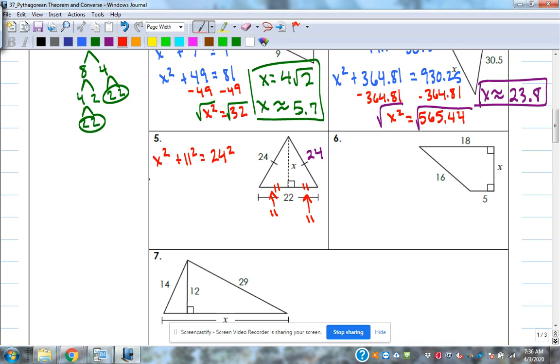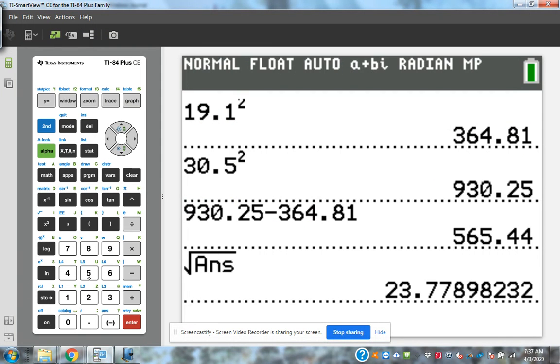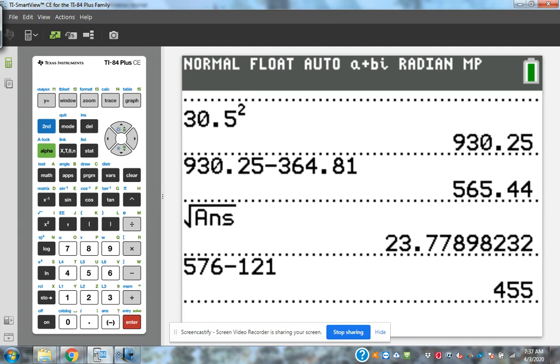11 squared would be 121. 24 squared is 576. When we subtract, we get 455.